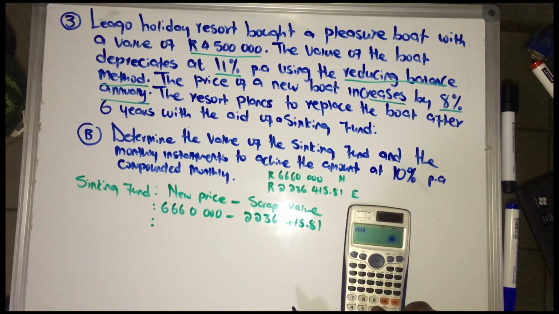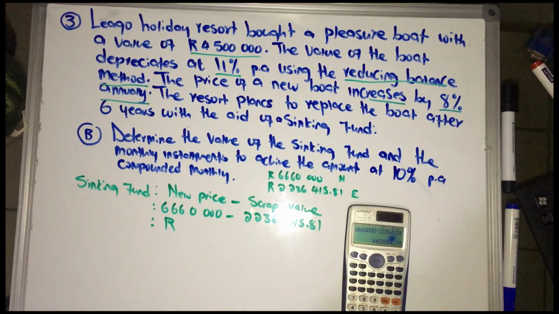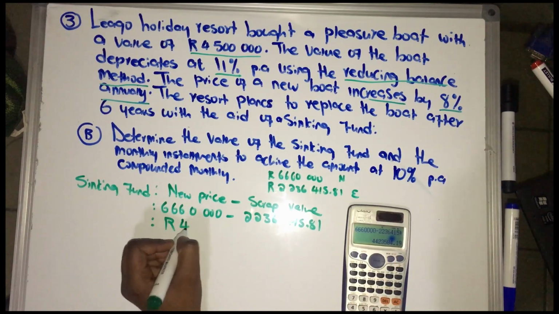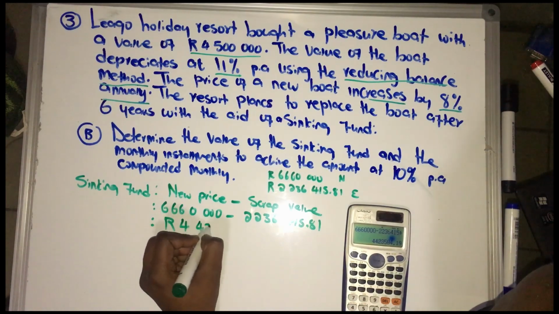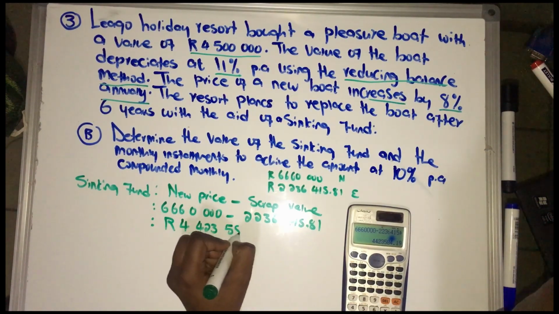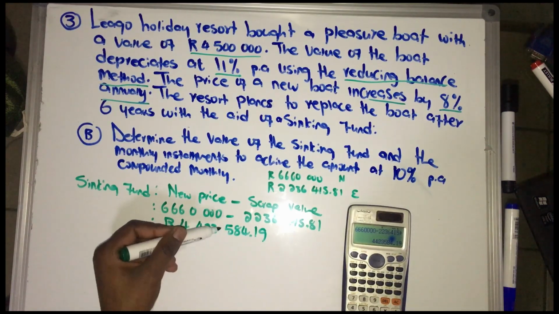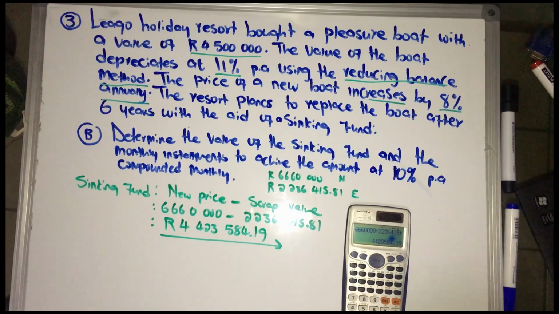So that's 6,660,000 minus 2,236,415.81. So this is how much they need to have in their sinking fund, which is 4,423,584.19. So that's 4,423,584 rands and 19 cents. So that's the value of the sinking fund.